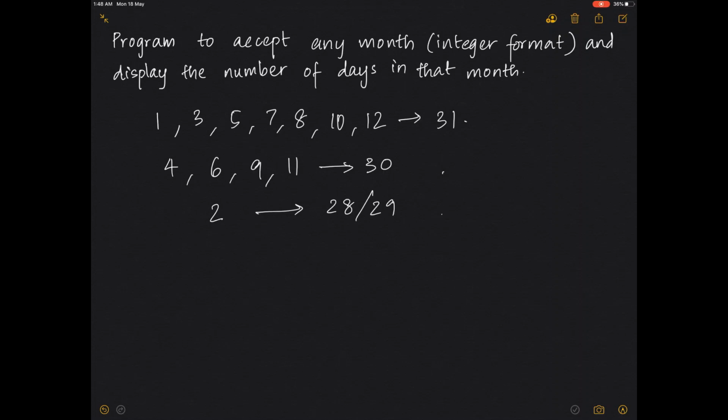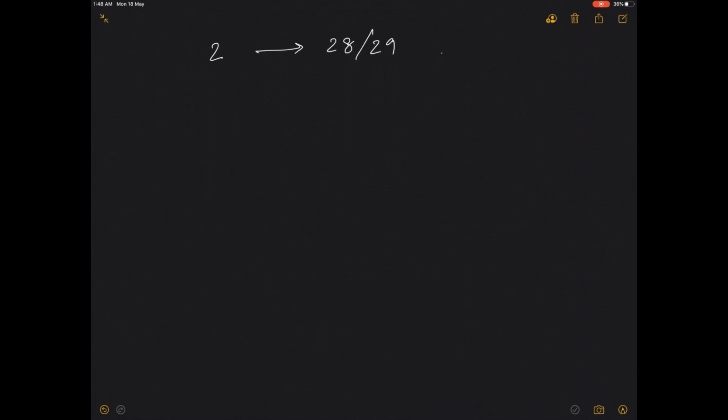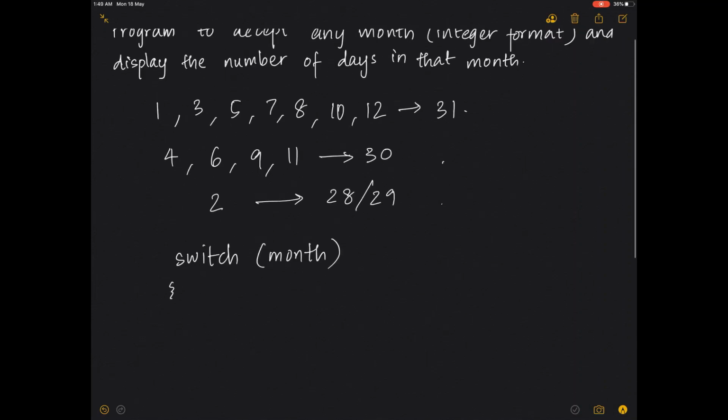It's going to be too tedious to write. Whereas if you're doing this in switch case, you just have to write switch and month, and just go on writing the commonality for a set.